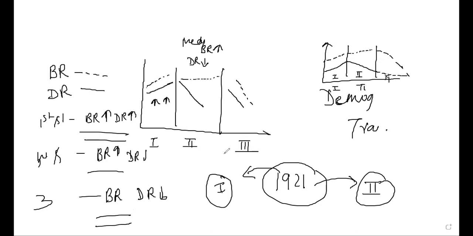Reason. So first draw this. Just draw three columns, 1, 2, 3. Birth rate is represented by dotted lines, and death rate is represented by a straight line. Clear? Just draw it, and once you draw it, let me know. Then I'll tell you.